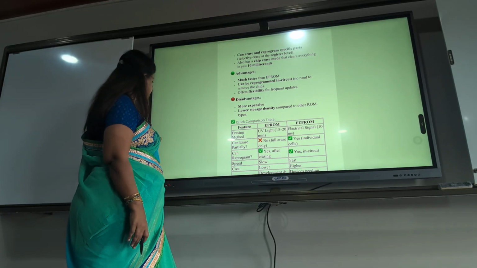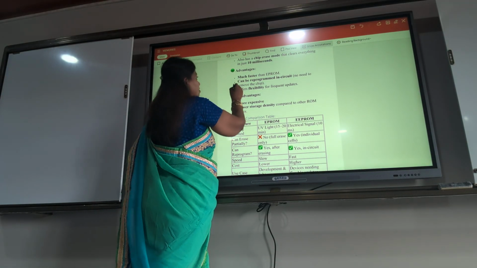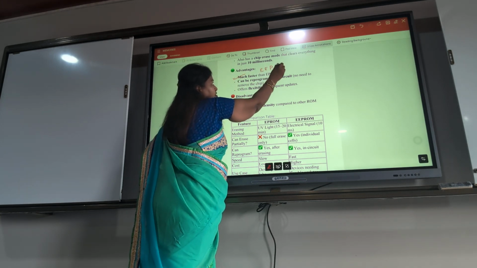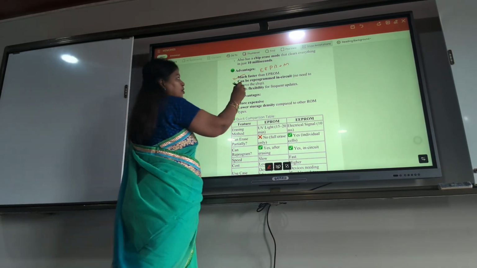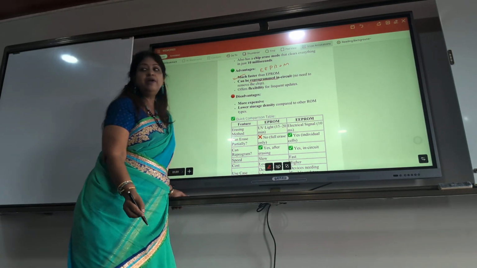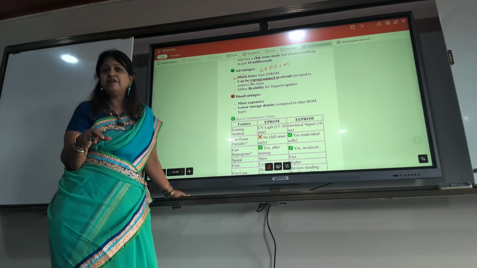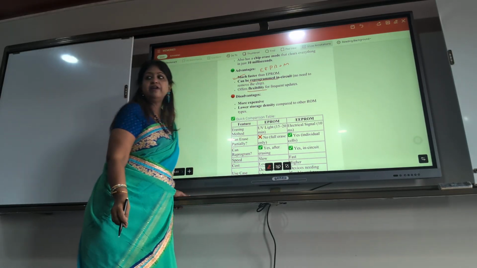Then the advantages: it is faster than EPROM and can be reprogrammed in circuit. No need to remove the chip. Even when it is connected in the circuit, you can do it. It offers flexibility of frequent updates.